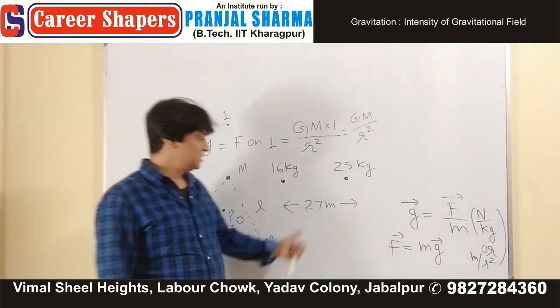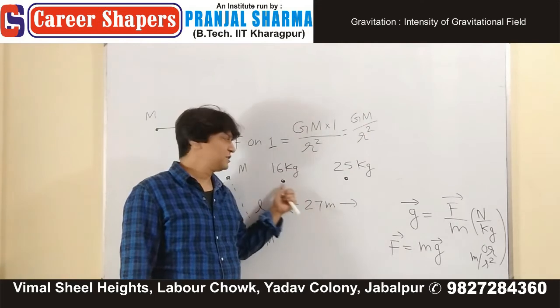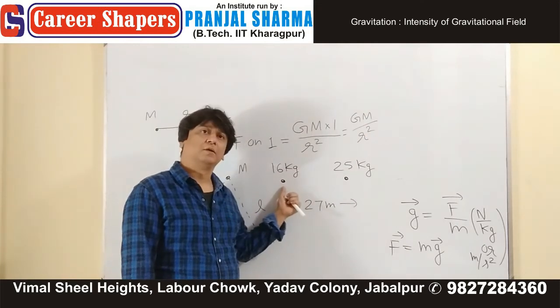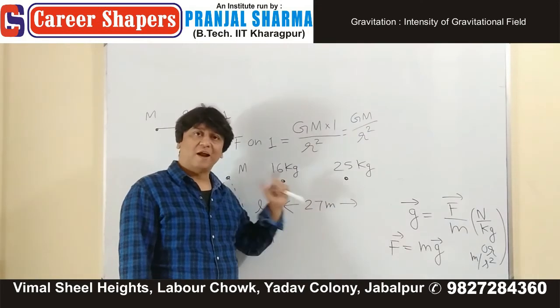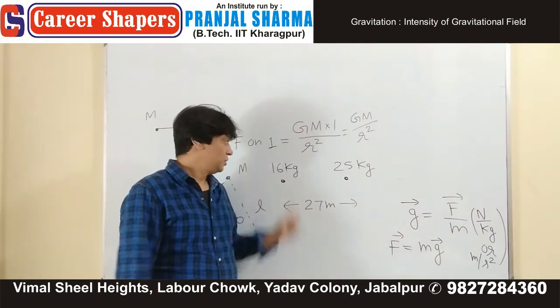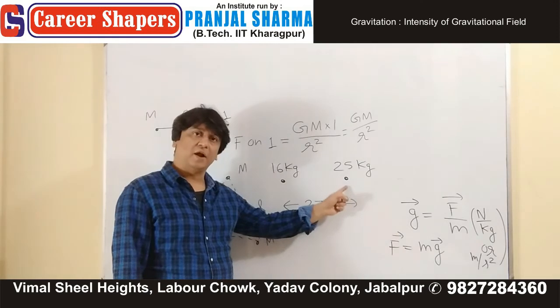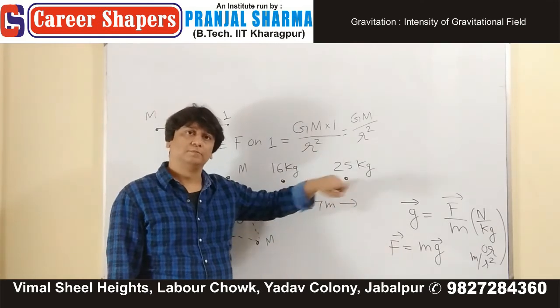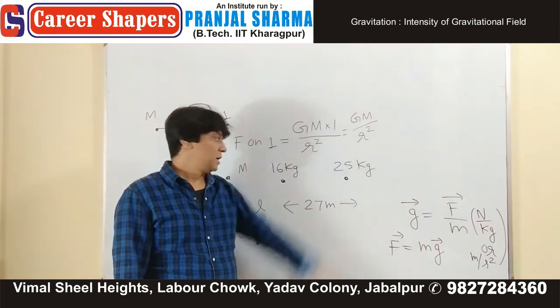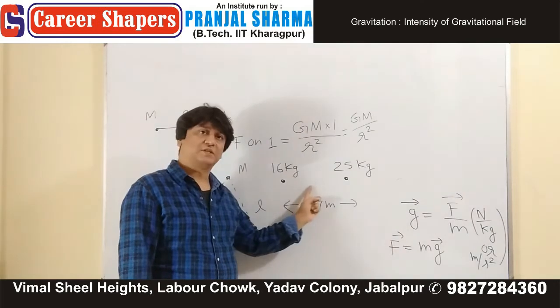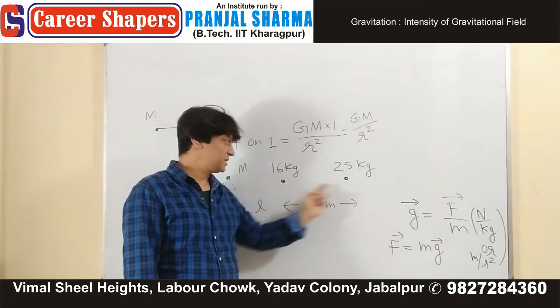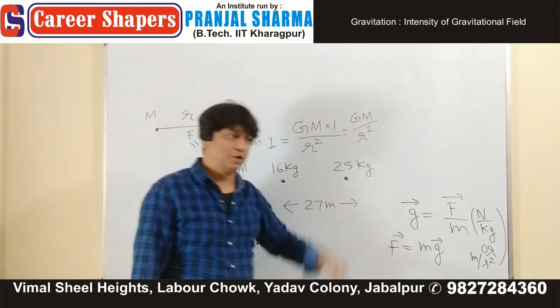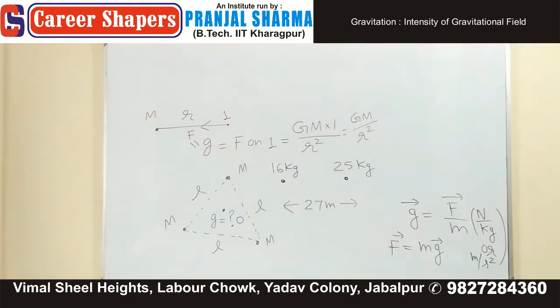At what distance from 16 kg does the total gravitational field due to 16 and 25 become 0? Answer this in just 20 seconds.